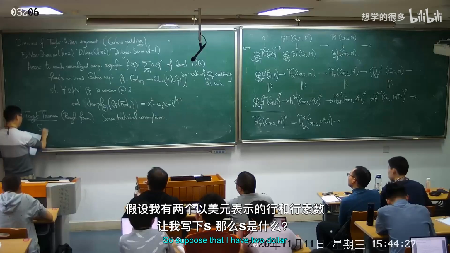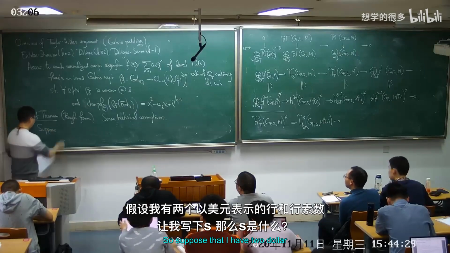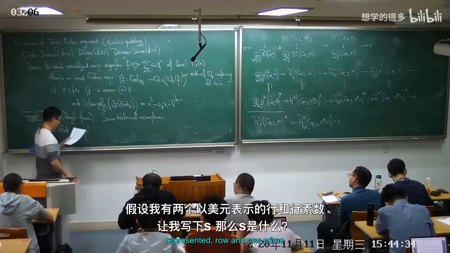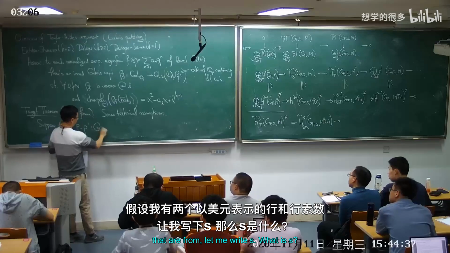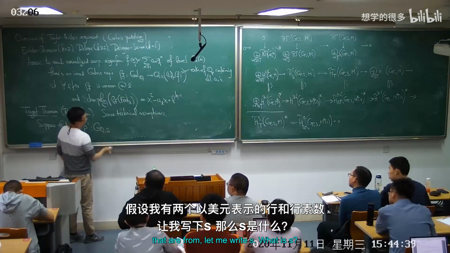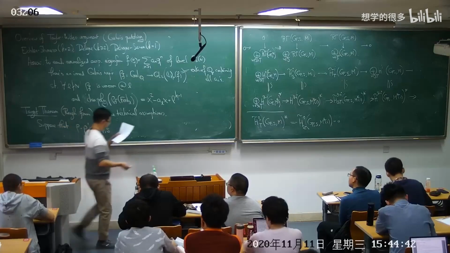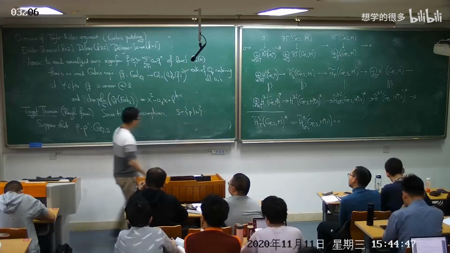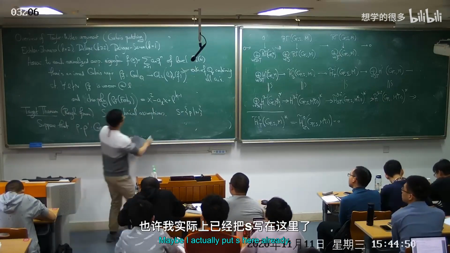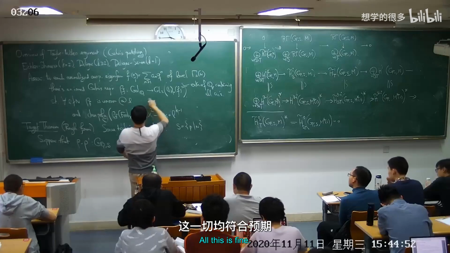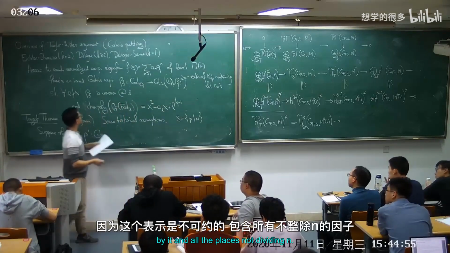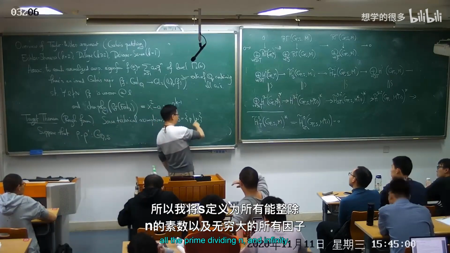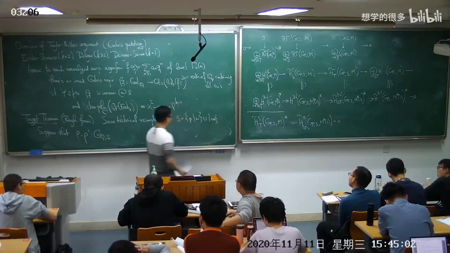Suppose that I have two Galois representations, rho and rho prime, that are from... let me write S. What is S? So S is all the primes dividing n. Because this representation is unramified at all the places not dividing n, I put S to be all the primes dividing n and infinity.